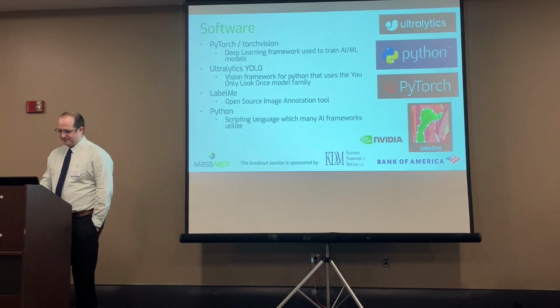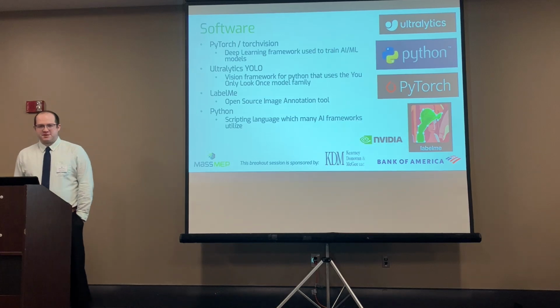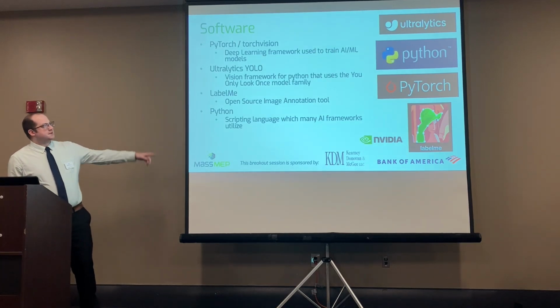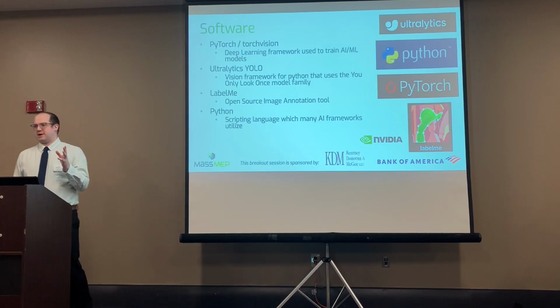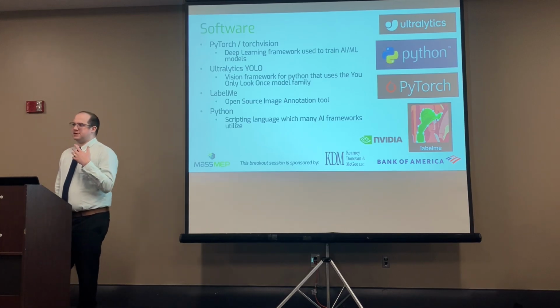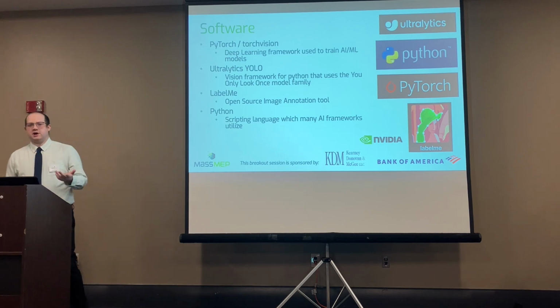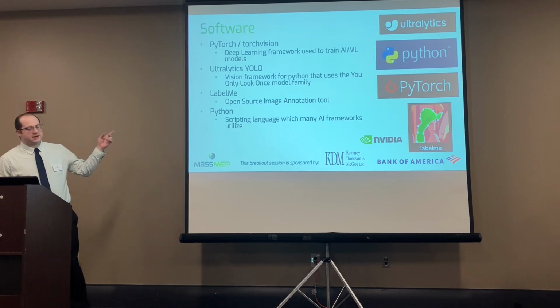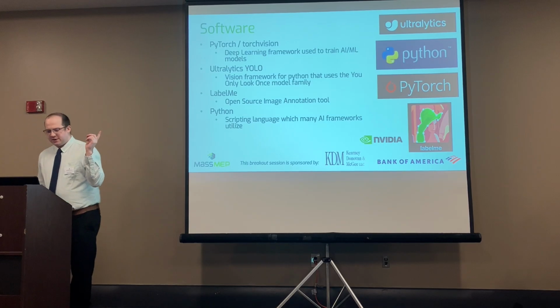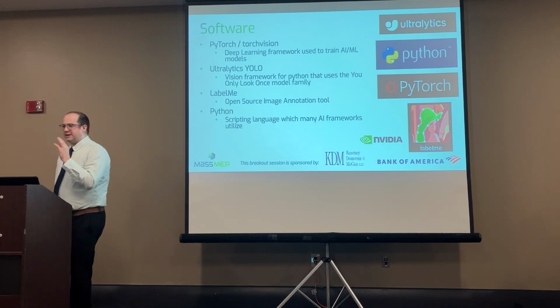Not a big model. For software, we used a lot of different options. So there is an enormous amount of software out there that's available, either free, low cost, no cost, to combine into a single product. So for this one here, we used Ultralytics, which is a You Only Look Once model.